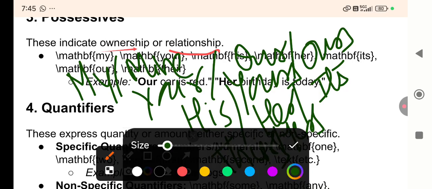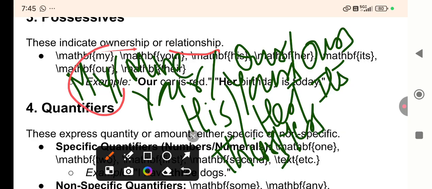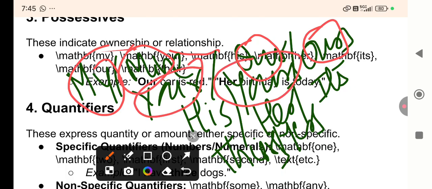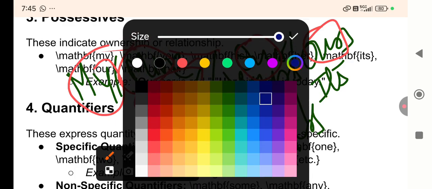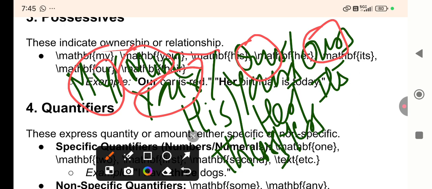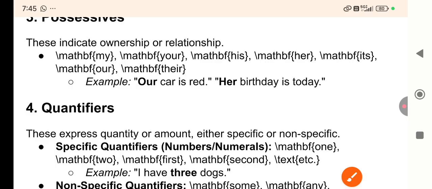So these are my, mine, our, ours, your, yours, right? Something like this. Okay, now these are also called determiners.